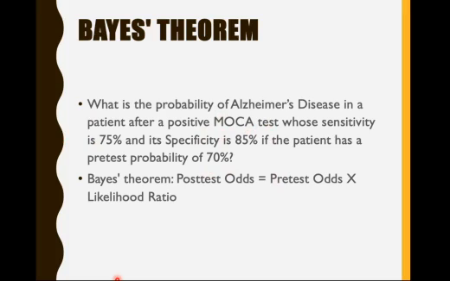Now, we will refine this pre-test probability to a post-test probability after the MoCA test. If the test is positive, what becomes of the post-test probability? We will use the Bayes theorem to answer that question. Bayes theorem says post-test odds are equal to the pre-test odds times the likelihood ratio.